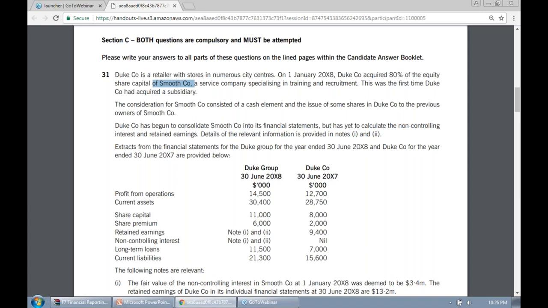So for the previous year, Duke was alone in 2007. And for this year, Duke is converted into a group of companies. So actually in 2008, we have been given the results of two companies. The one is Duke and the second one is Smooth Company.